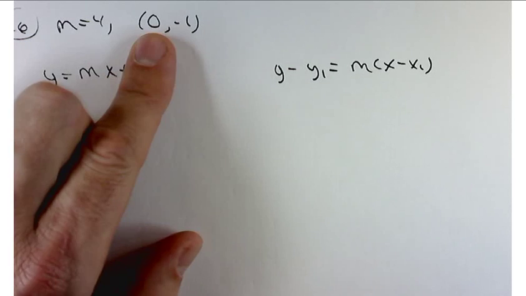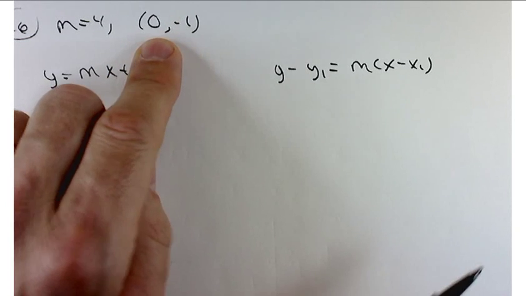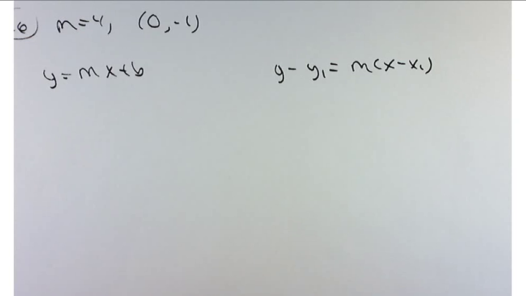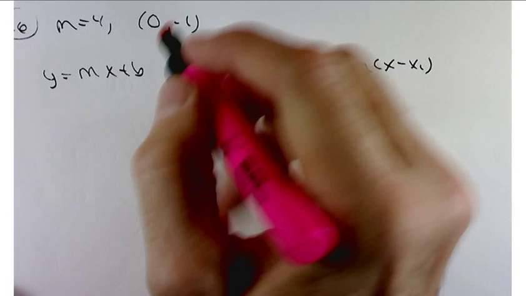Can anyone tell me anything special about the point 0, negative 1? What's unique or special about it? Well, it's just a point, but where is that point? Can you visualize it? Yeah? It's on the y-axis. So this really is your y-intercept right there. That's b.